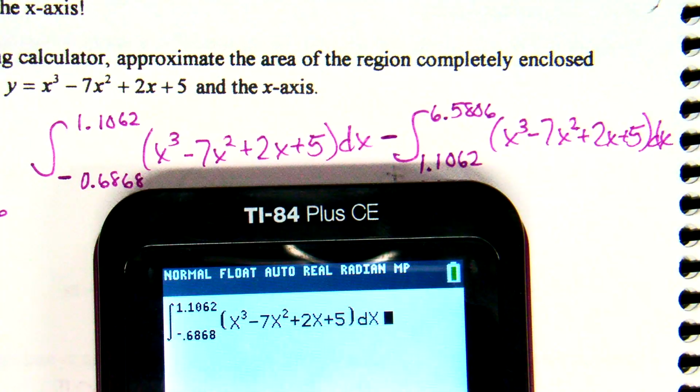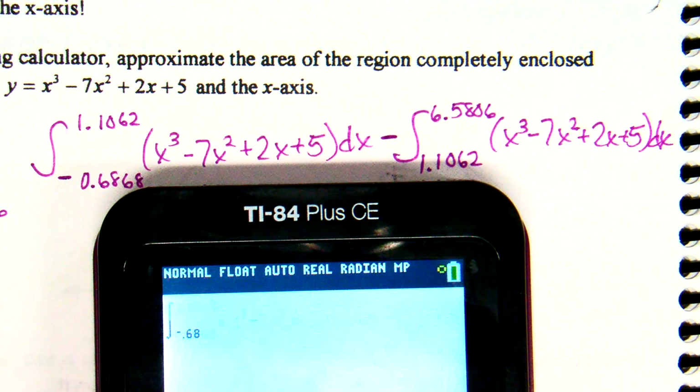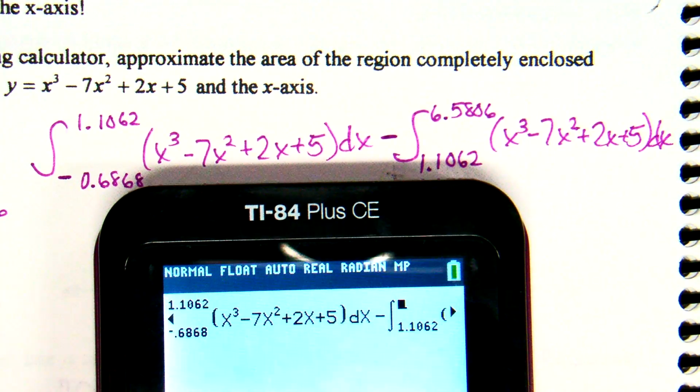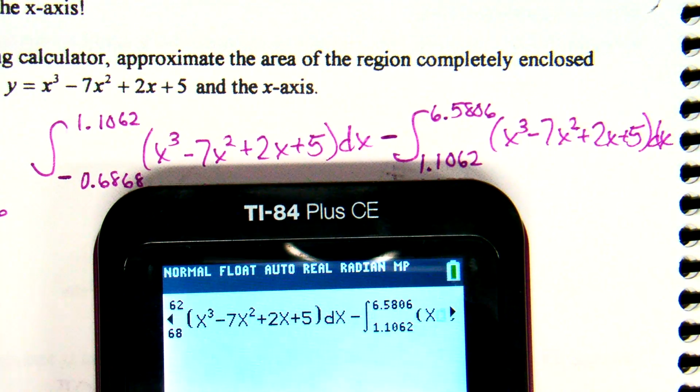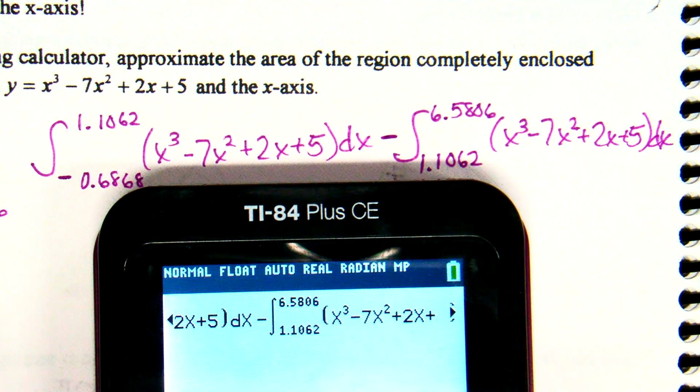With these calculators, it honestly doesn't really matter, does it? If you find them individually, you can then go grab the values, like highlight them and grab them, so it's not like you have to retype them or anything. But I'm fine with just then minus another math 9, and then going from there, 1.1062 to 6.5806, and then type it in. 7x squared plus 2x plus 5 dx.